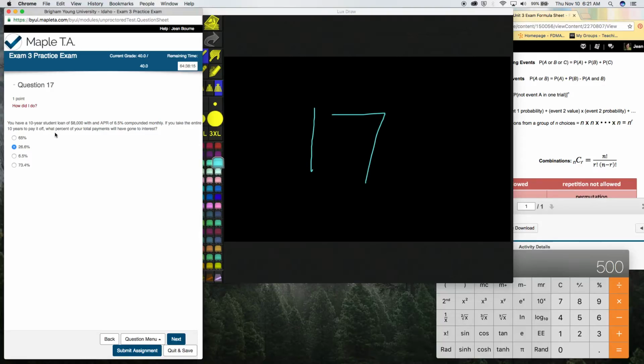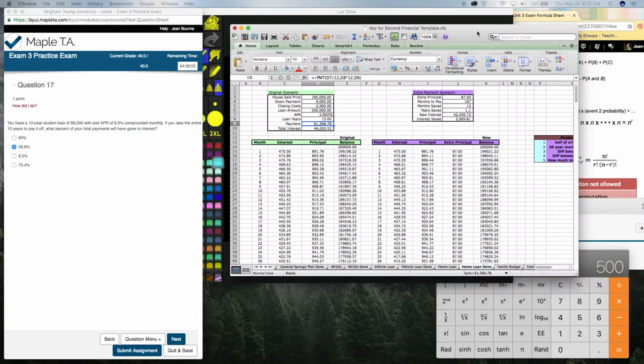You have a 10-year student loan of $8,000 with an APR of this. If you take the entire 10 years to pay it off, what percent of your total payments will have gone to interest? For this one, I think I used a payment calculator.